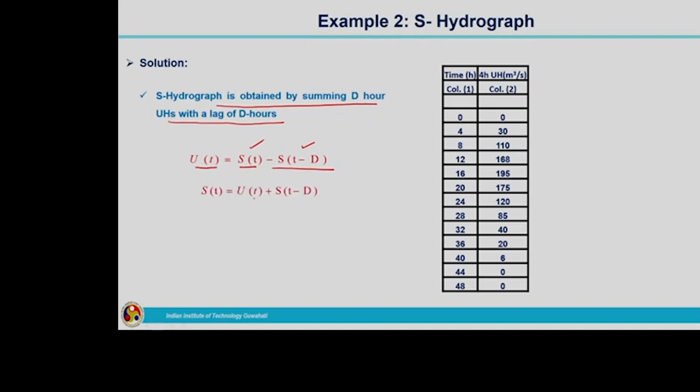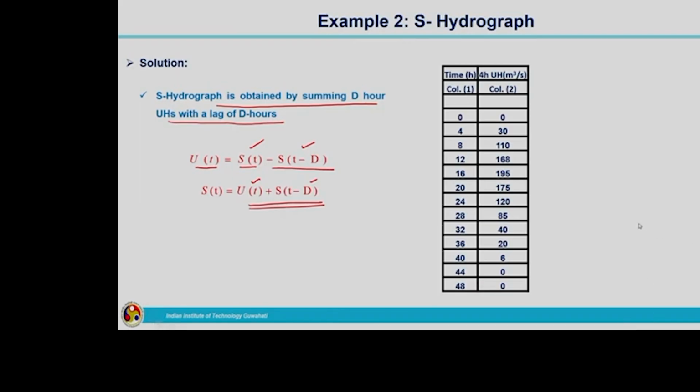So, S(t) is equal to U(t) plus S(t minus D): the unit hydrograph ordinate at time t plus the S hydrograph ordinate at t minus D. That will give us the ordinate of the S hydrograph at time t. S(t minus D) is the S curve addition.